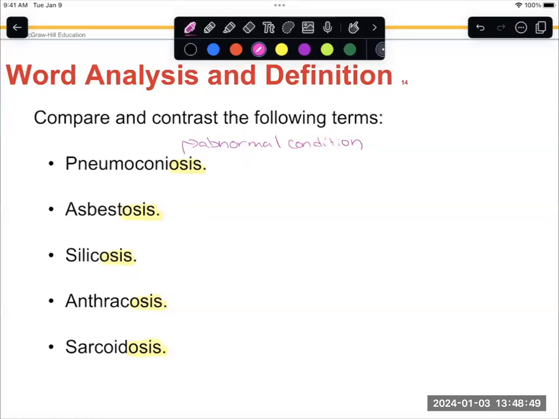It's also known as stonecutter's disease, just because the stone that stonecutters are cutting has a lot of silica in it. Anthracosis is caused by inhaling coal particles. And sarcoidosis is an idiopathic fibrotic lung disease. Those lungs become fibrosed, or it's like scar tissue is the other way to describe that.